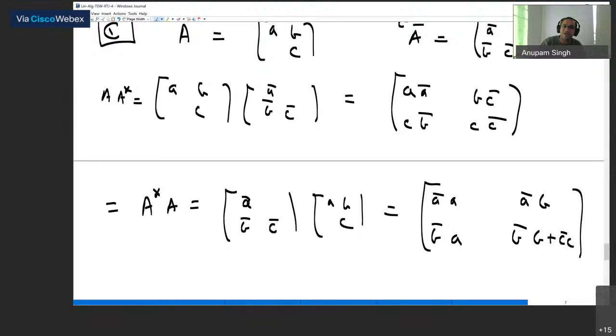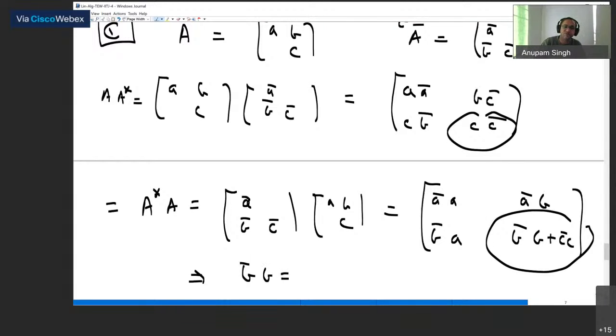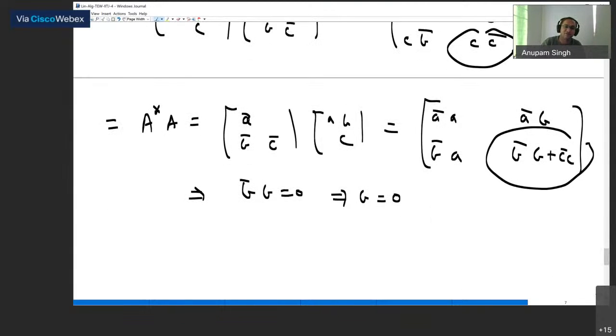Now look at this entry here. This will imply that b bar b is 0, which means b is 0. That exactly means the matrix is diagonal. So this implies A must be diagonal.